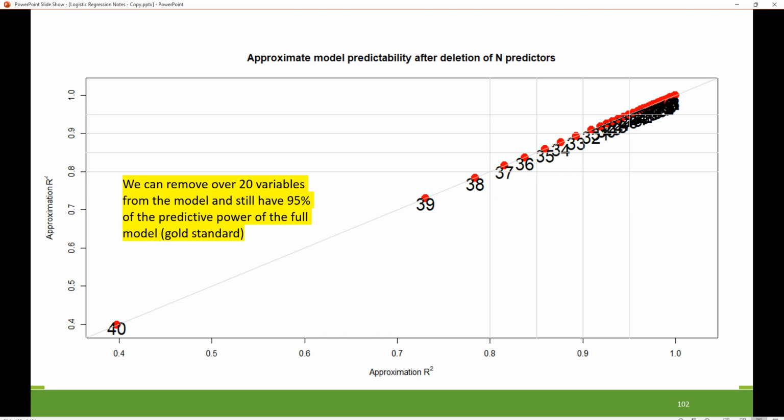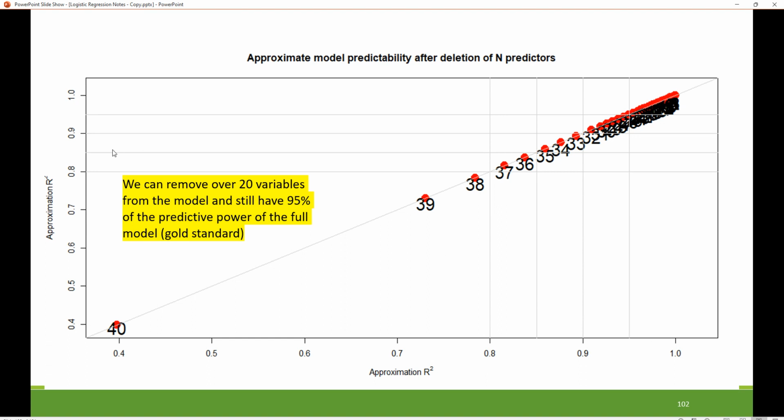And so what a model approximation does is to give us an idea of how many predictors we do or don't need in our model. So from these results, I use 0.95 or 95% as my threshold in terms of what I consider an approximate model.